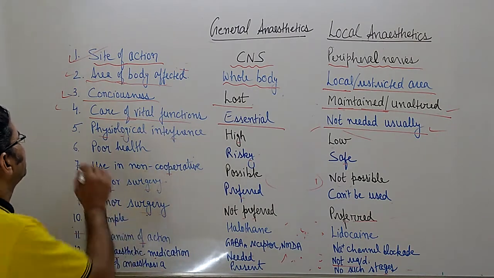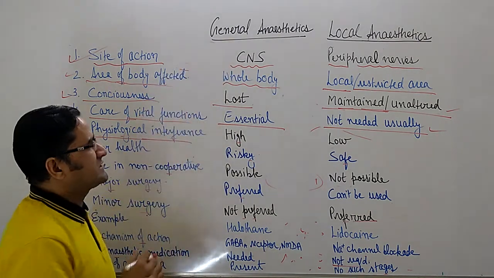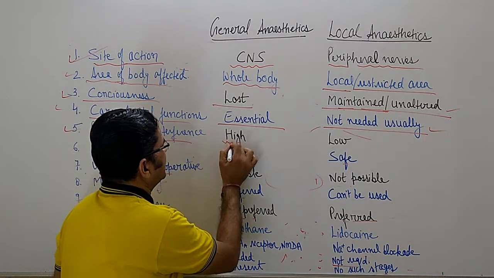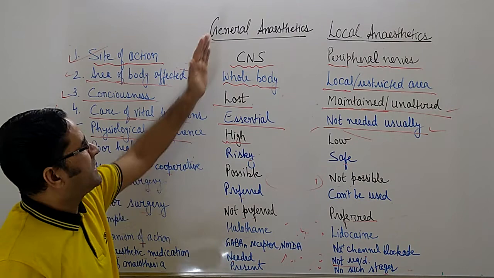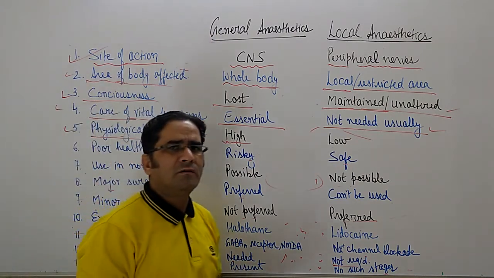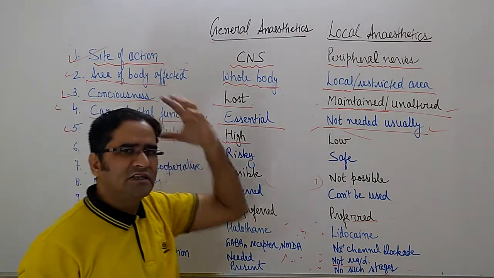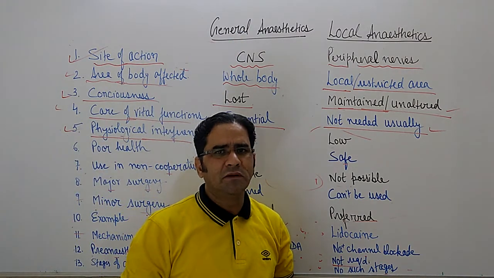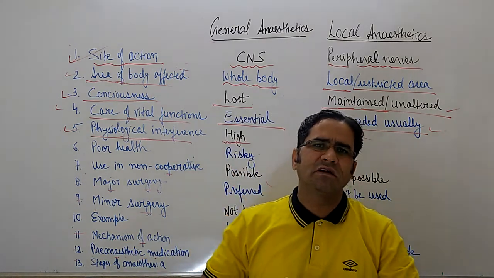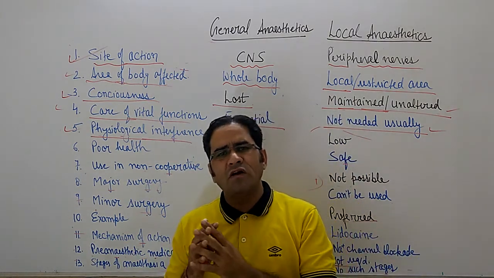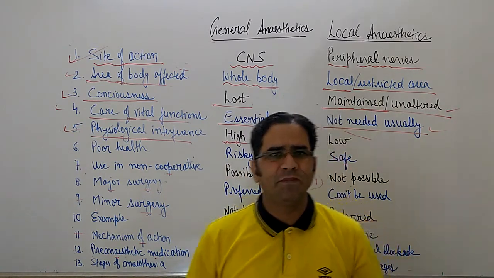Now next difference, physiological interference. When we are using general anesthetic, physiological interference is very high, or we can say that physiological trespass is there. We know that for general anesthetics the site of action is the CNS. The brain is the main part, and in the brain various centers regulate the body functioning.